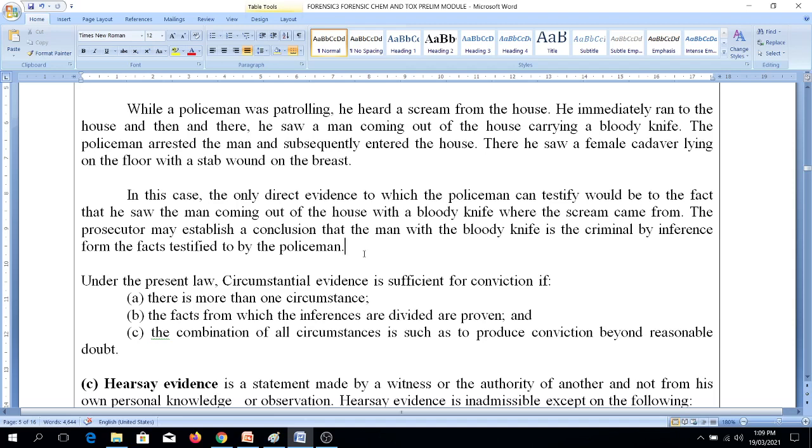That is why indirect evidence comes in. It is not enough because we are not directly sure that it is the man who ran away from the house who stabbed the woman in the left breast. And we are not even sure that the blood found on the knife is really human blood, and that such blood is from the victim. So we are not sure. That is why inference or circumstantial evidence comes in.